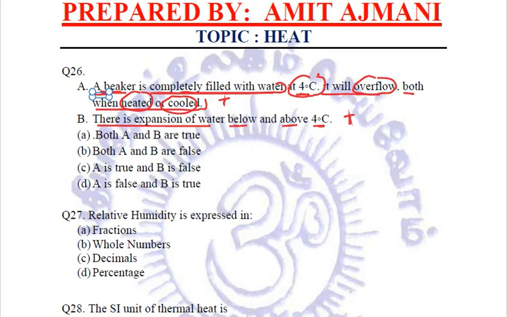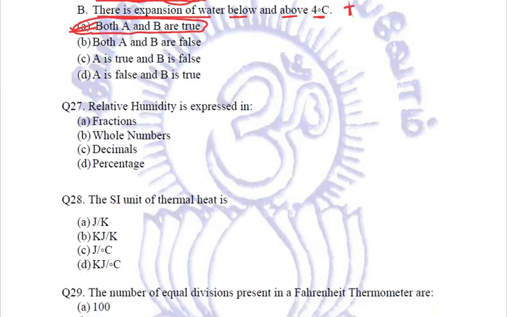The reason behind that is that the density is maximum at 4 degrees Celsius. So statement B is true. Both A and B are true. So we will mark option A, that both A and B statements are true. Clear? Coming to the next question.